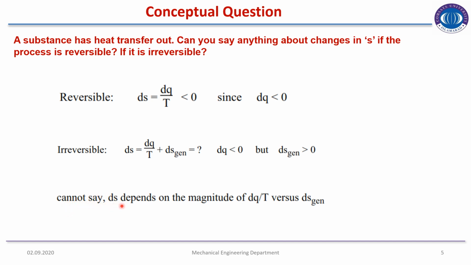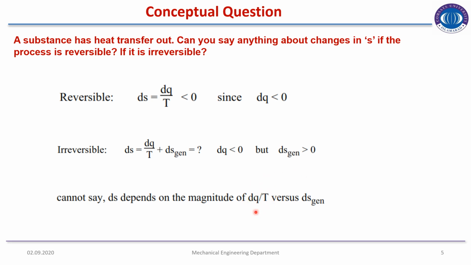So we cannot say dS depends on the magnitude of dQ by T versus dS gen. They both are independent terms. dQ by T represents the entropy transfer due to heat or any thermal energy during the process. Suppose if heat is added to the system, then entropy will increase, and if heat is rejected out of the system, then entropy will decrease.